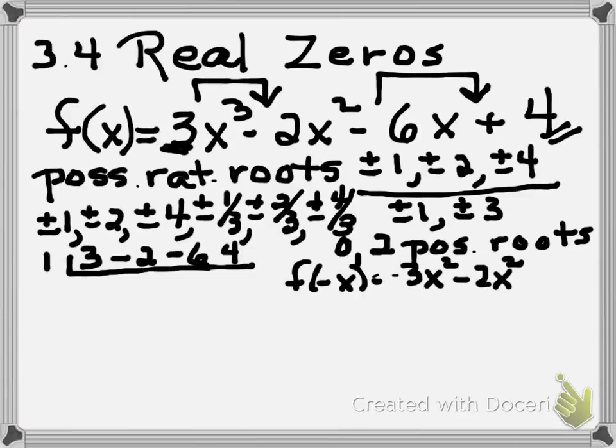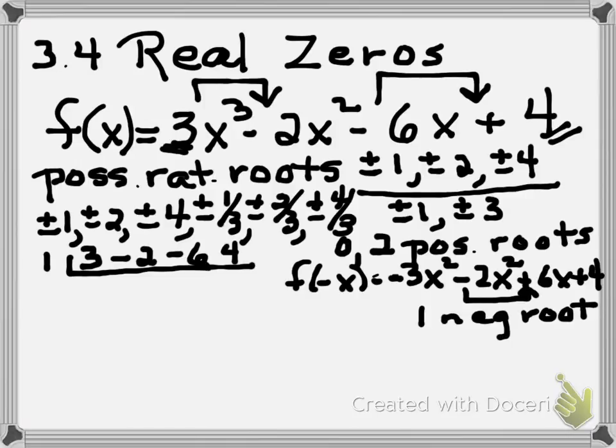And a negative x times negative 6 is positive 6x, plus 4. So what are the variations in signs here? This went negative to negative, then negative to positive, then positive to positive. So we can get 1 negative root. So we could get 2 positive roots and 1 negative root.